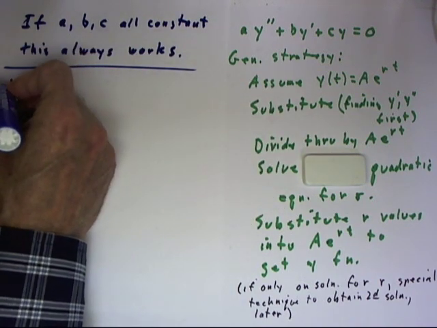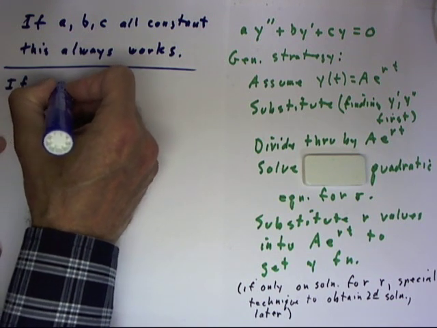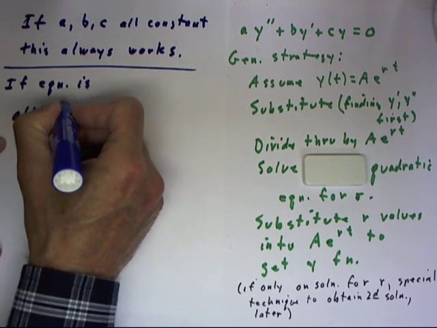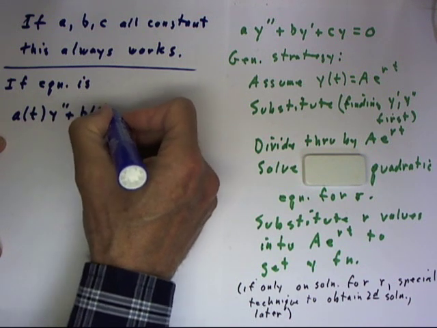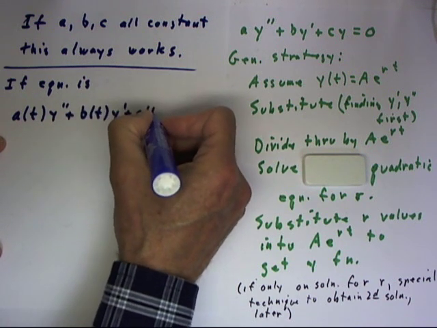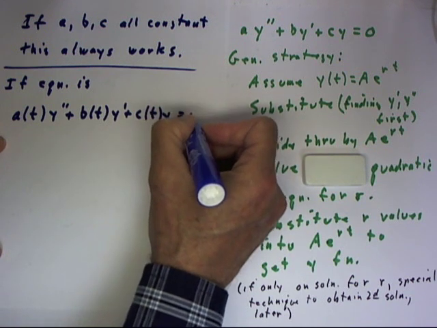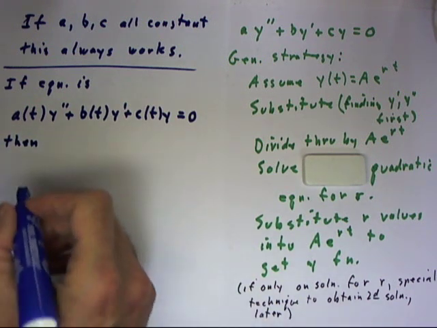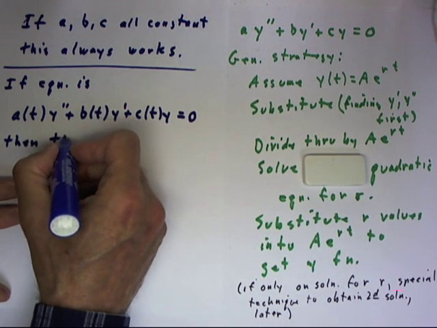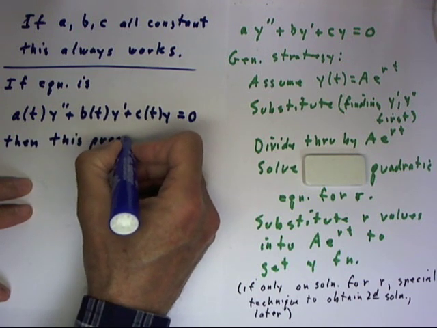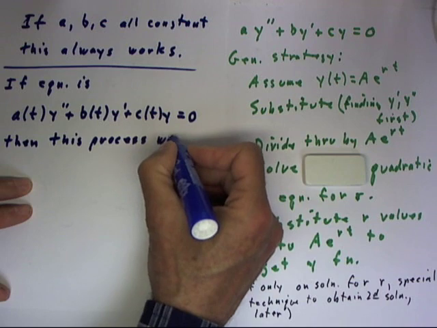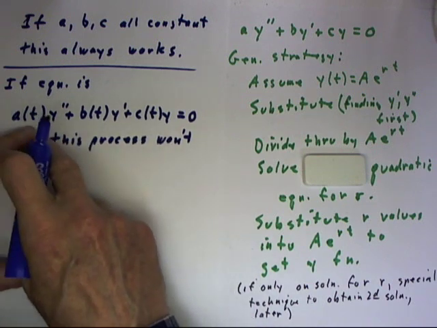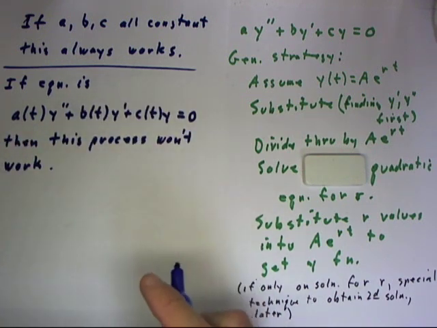Now, if the equation is of this form, a of t y double prime plus b of t y prime plus c of t y equals 0, this process won't work, assuming that a, b, and c are not all constant functions.